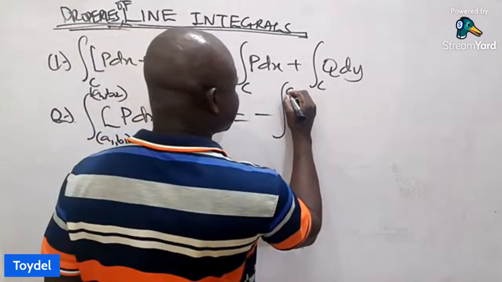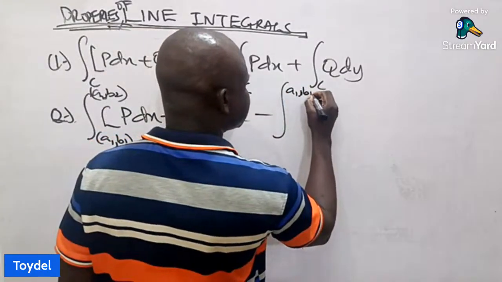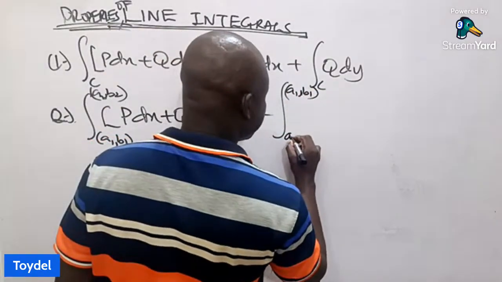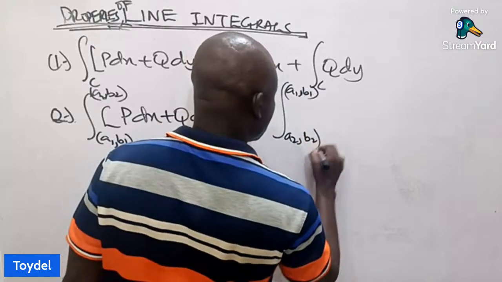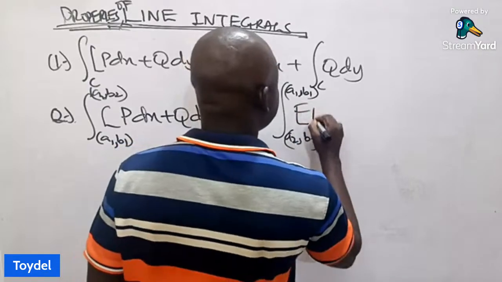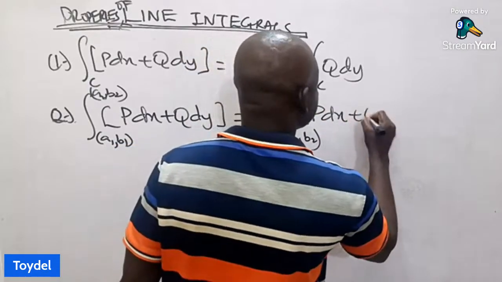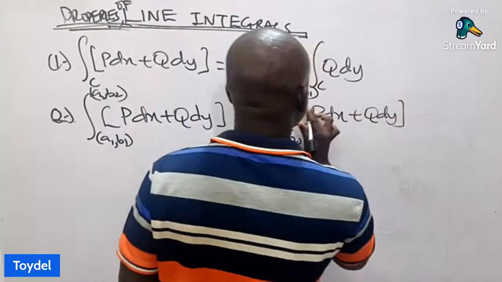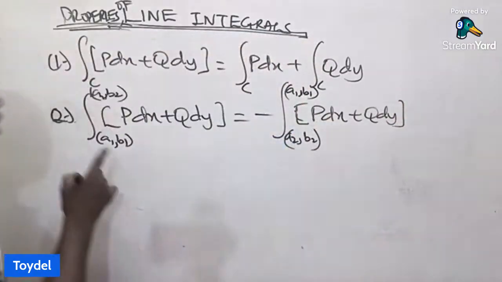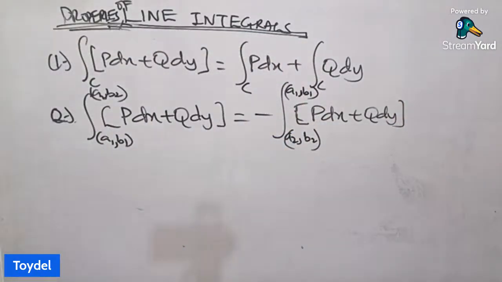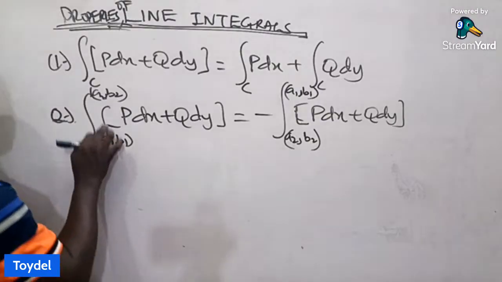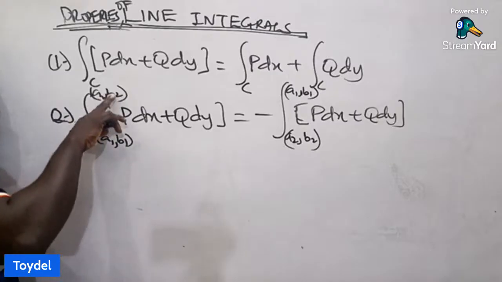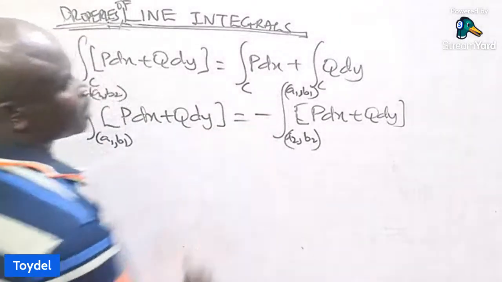These are properties of normal integration, for those familiar with them. This is the second property: when we interchange the upper and lower bounds, it attracts a negative sign.